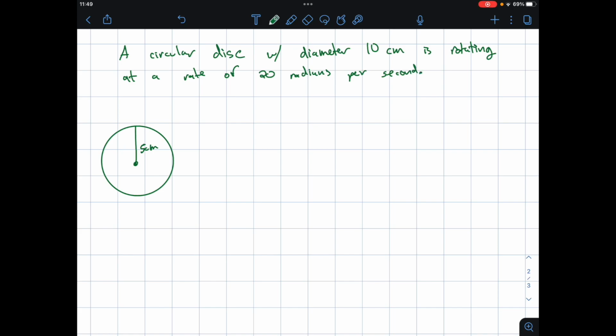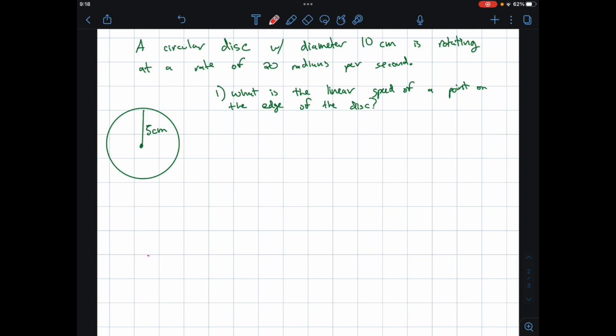Okay. So I'm going to ask 2 questions. One is, what is the linear speed of a point on the edge of the disk?